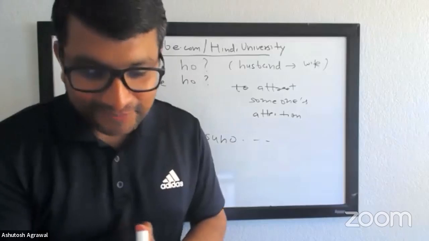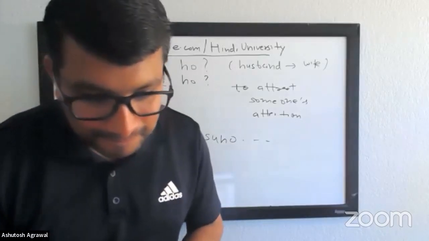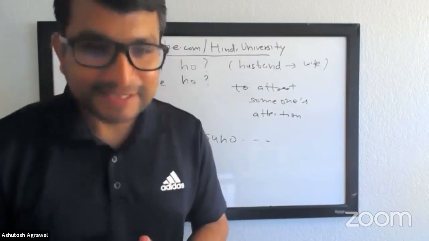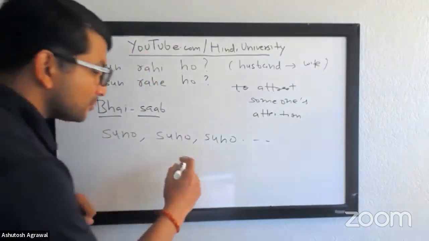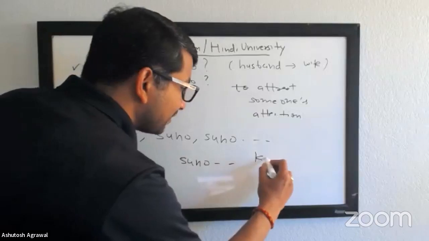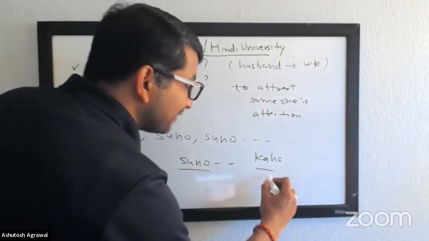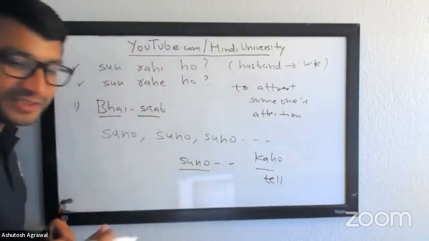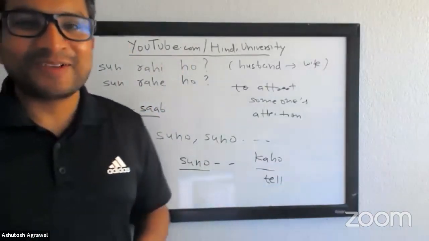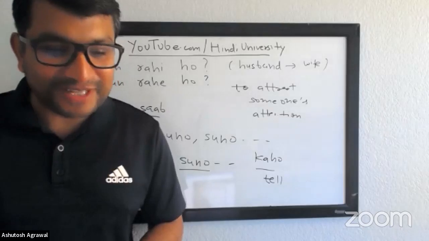Anyone else? What in the songs, what is kaha and kahiye? Yeah. So when you are saying suno and the person is saying kaho, like listen, and then tell, on the surface it may appear like, what is it? Like listen, tell. If you were to convert it into English, it would make no sense, right?